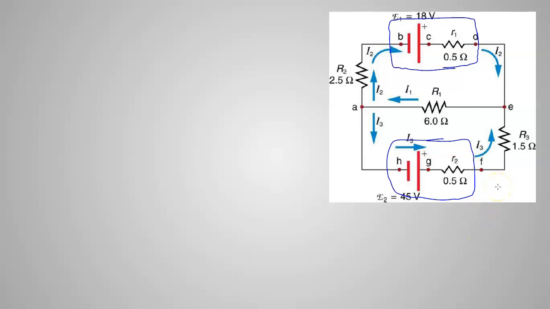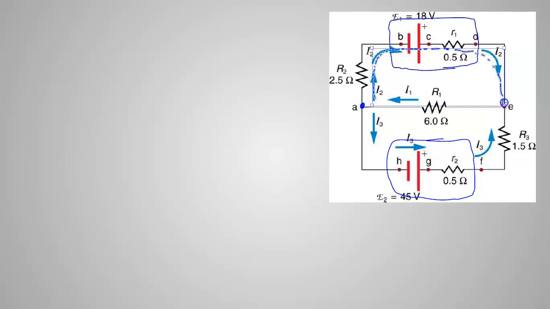That's mostly done for us here, but I'm going to draw it out just to make sure I understand what's happening. They've called this one I2. I2 is going to start at point A, and everything that goes this way on I2, it's got to come here, it's got to go through the battery, it's got to go through the resistor, and then all the way over to here before it can do anything different.